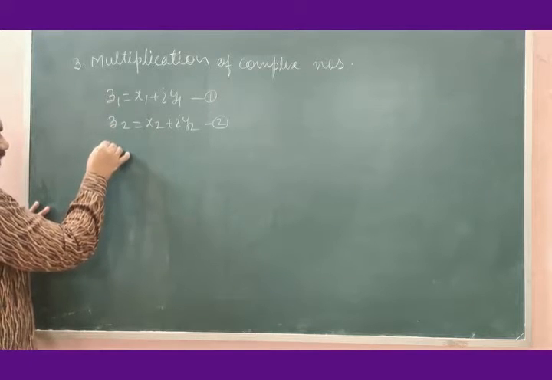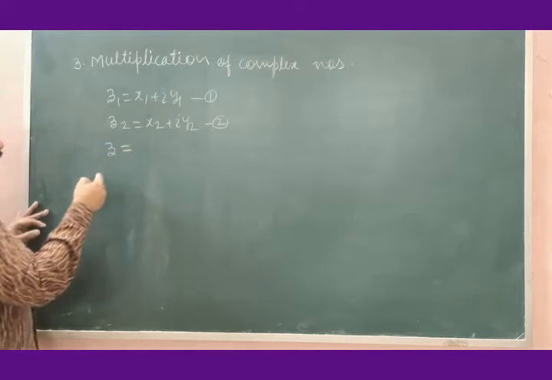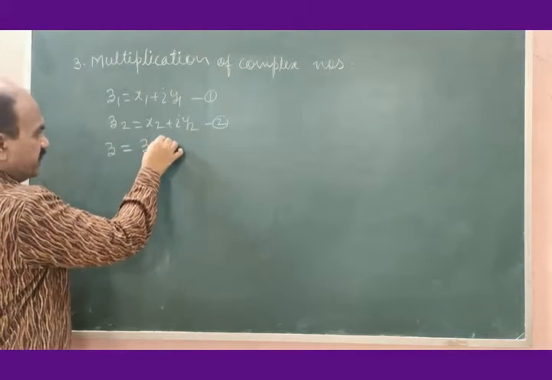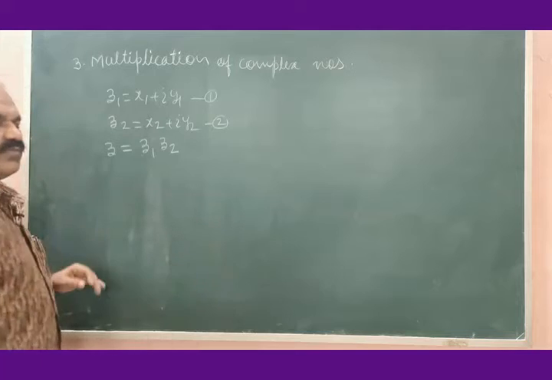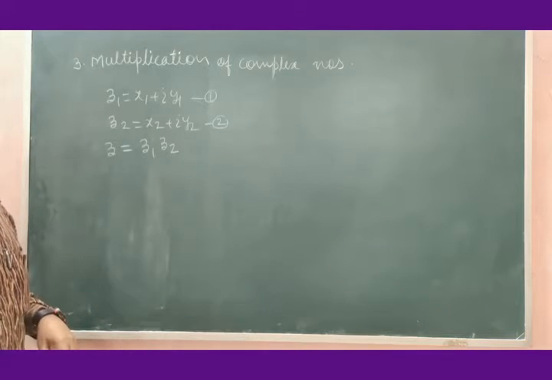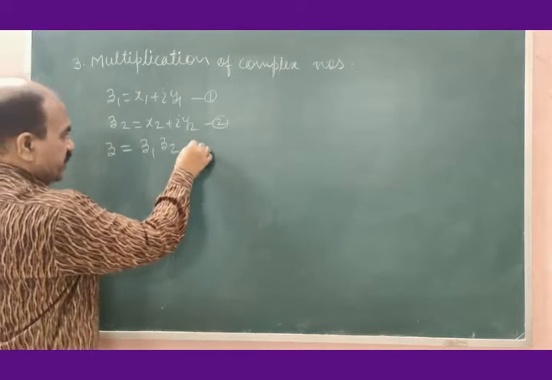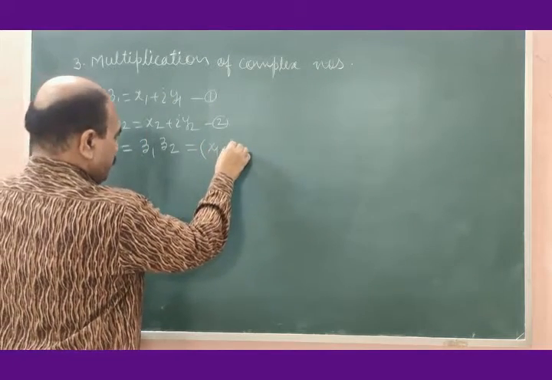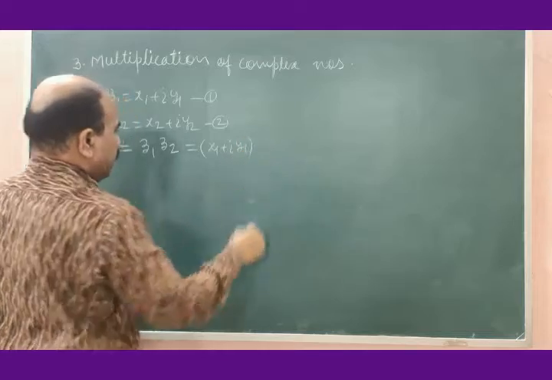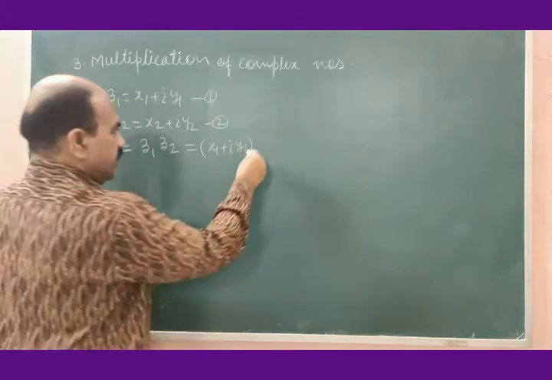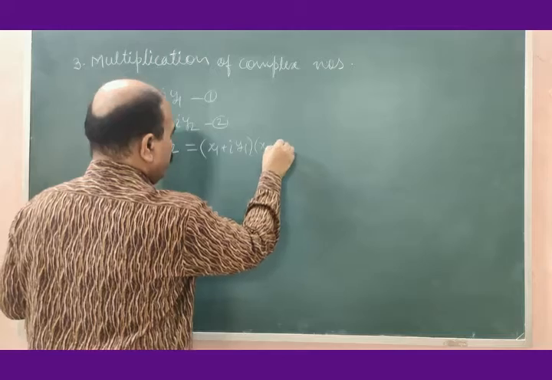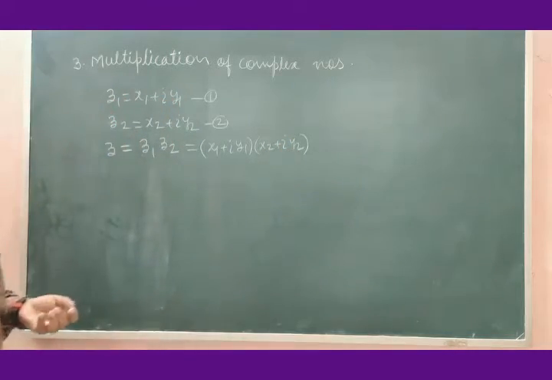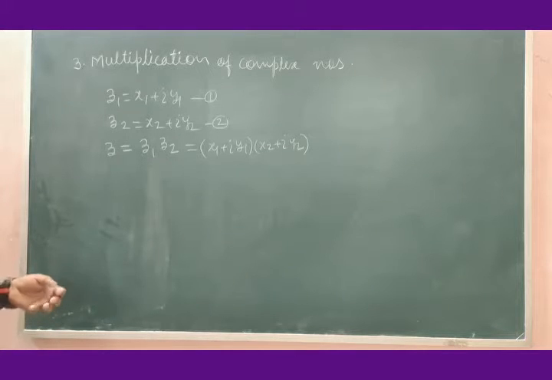The product will be a complex number Z. Complex number Z is equal to Z1 into Z2, that is x1 plus iy1 into x2 plus iy2. Now let us do the multiplication.